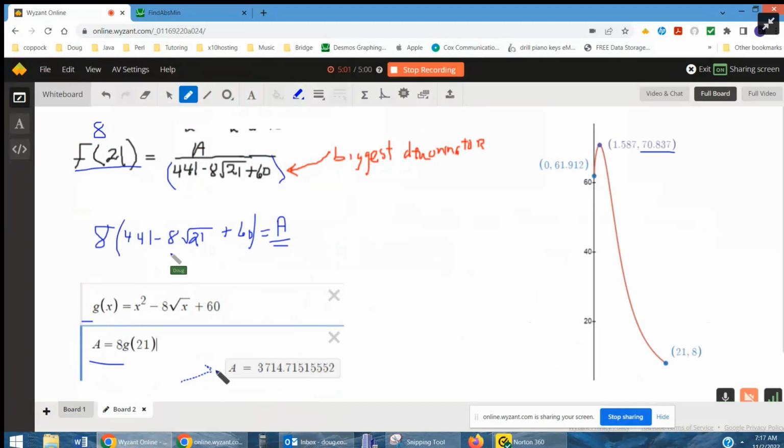And there's the value of A. That gives us an 8 for the absolute minimum. And by the way, here's the absolute maximum. That's the answer to part D. And that would be finding f of the 4 to the 1/3 when A is this value. Okay, it requires a calculator, I think, to figure that out.